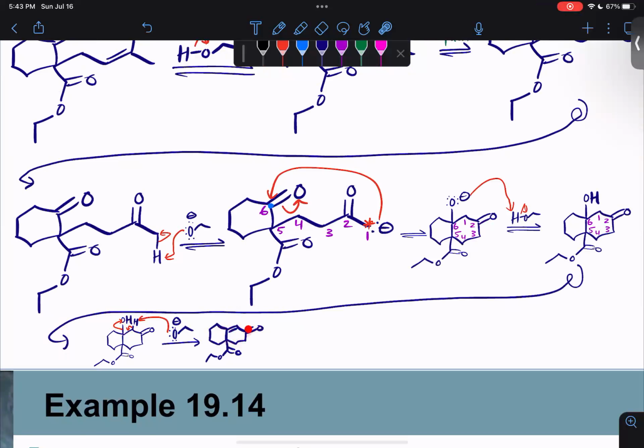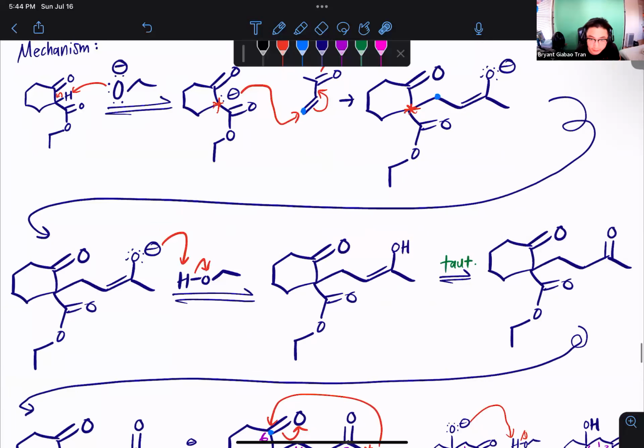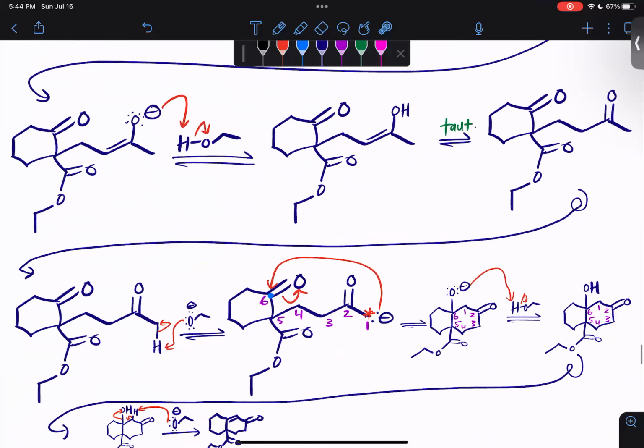And it wouldn't attack the other alpha hydrogen, right? This one right here? No, it wouldn't, because this is less acidic than this alpha hydrogen here. We go for the most acidic alpha hydrogen. And here's the whole mechanism for you to review when I send it. Got it.